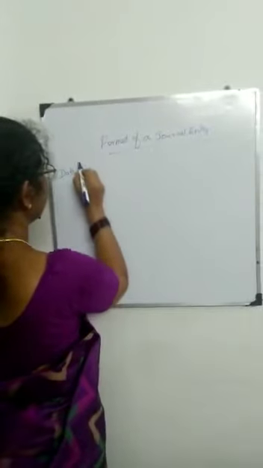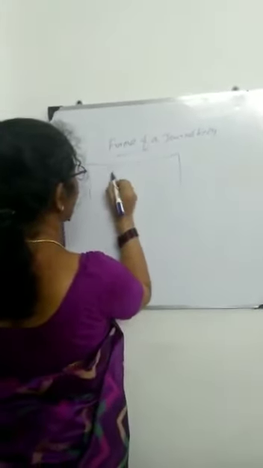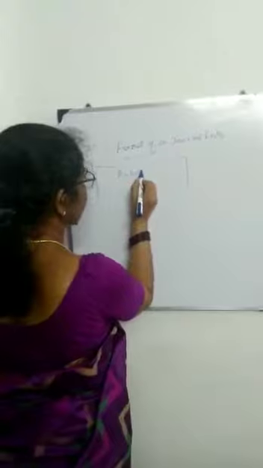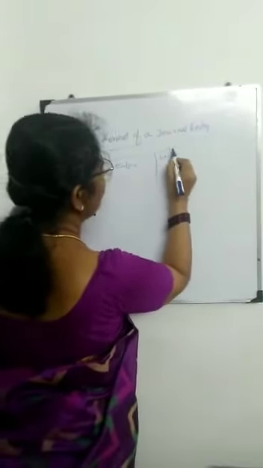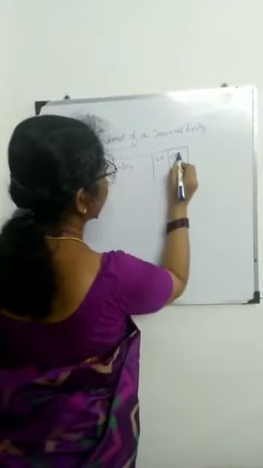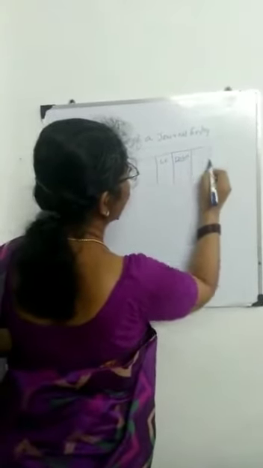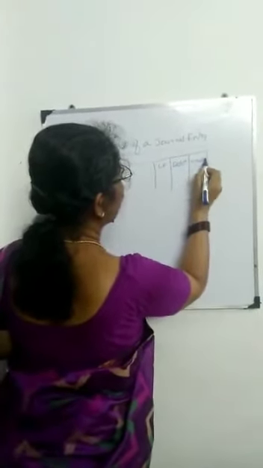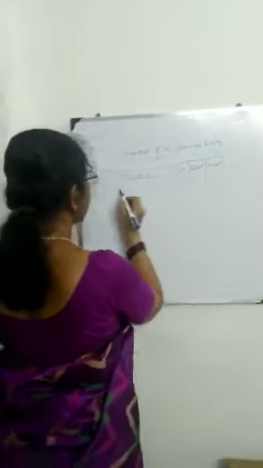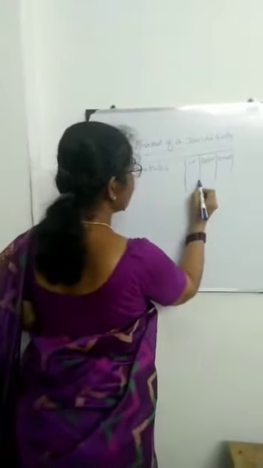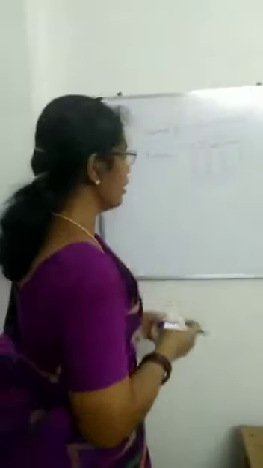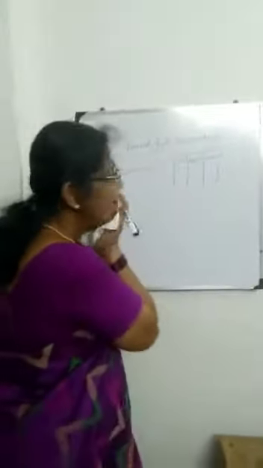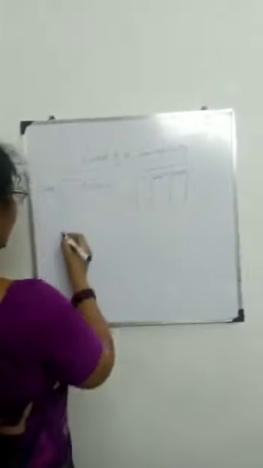Date, particulars, then ledger folio, then debit, then credit. This ledger folio is to take that particular account into another ledger when we have to go into ledger posting.